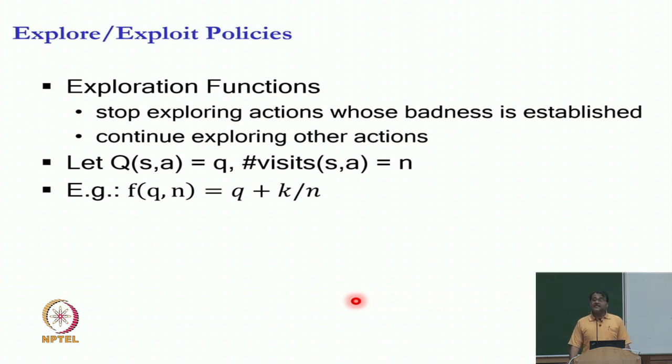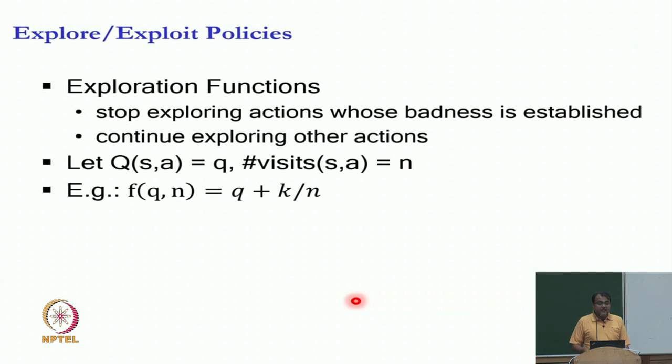Now, suppose in a state I have never taken an action A, what happens? N is 0. So, f is infinite. So, f says this action is extremely important for you.